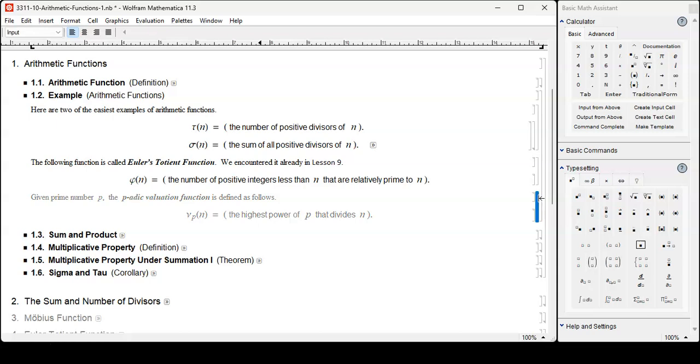So we went through an example, that's good. But other than that, I don't want to completely remove it from our consideration, so let's keep that. So we studied 1, 2, 3, 4, there are 4 important examples of arithmetic functions.